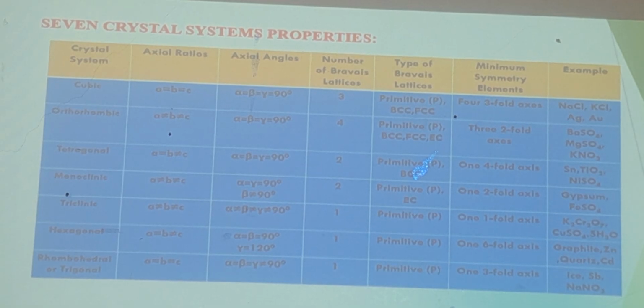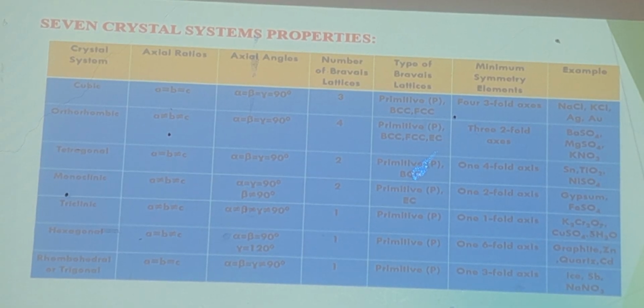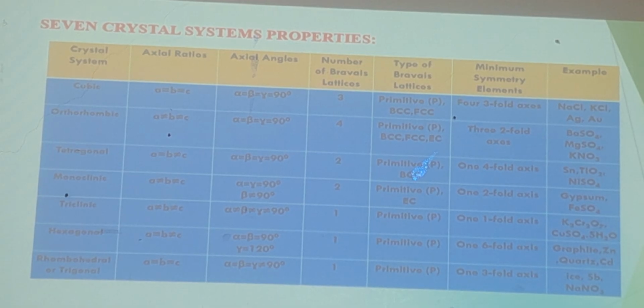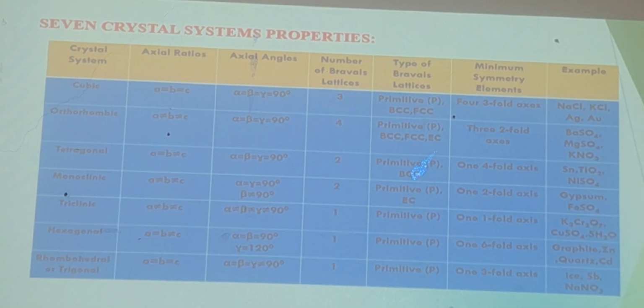For the triclinic, hexagonal and rhombohedral, they have only 1 Bravais lattice, that is primitive. The examples for the respective crystal systems are tabulated in the example column. As you can see here, this is the detailed analysis of properties of the 7 crystal systems.